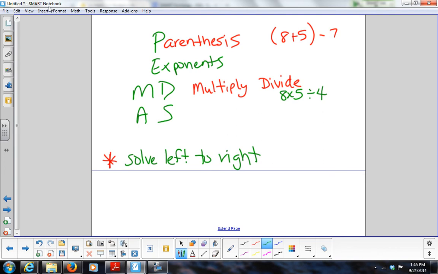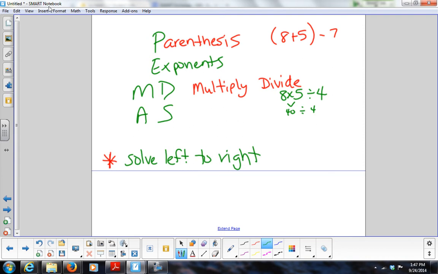That's what I mean by solve from left to right. Like Marisela said, I would solve 8 times 5, which is 40, and then I divide by 4. So I multiply then divide.